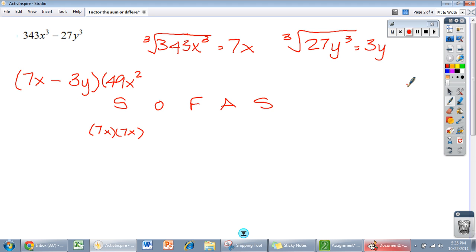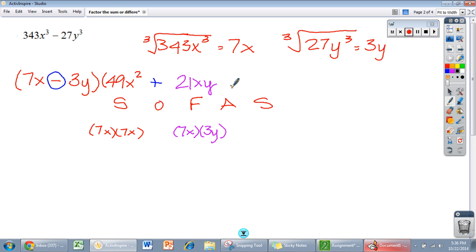Opposite sign. Well, here in my problem, the sign is negative, so the opposite would make it positive. F stands for first times last. The first term meaning 7x, the last term meaning 3y, and 7 times 3 is 21xy.